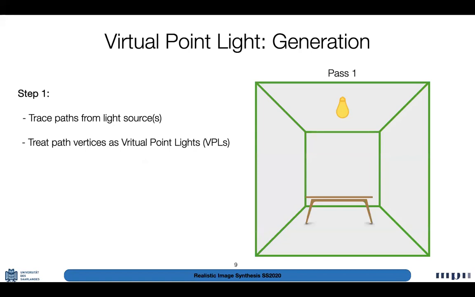So the idea is that we extend bidirectional path tracing in instant radiosity to generate virtual point light sources. The idea is rather simple. You have a light source, you have a given scene, you shoot your path, and for each vertex of your path, you convert that path vertex to a point light source.